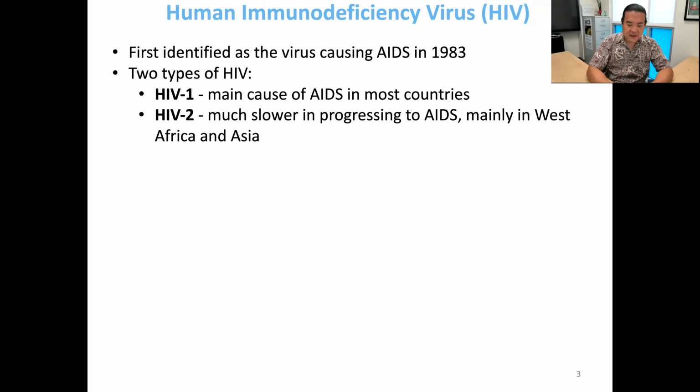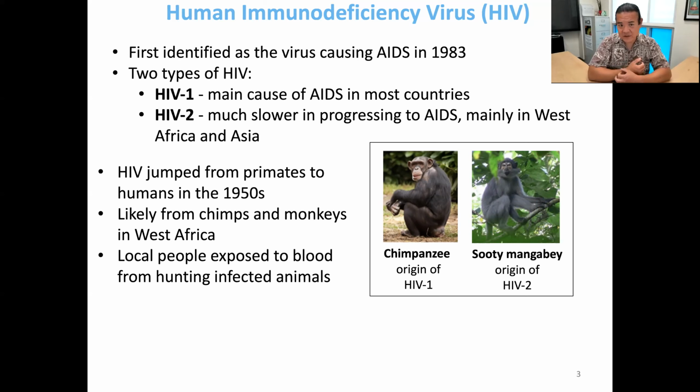So these again represent viruses that have made the jump from one species of organism to another. In this case, we believe that HIV made the jump from primates. Other types of primates that are closely related to us as Homo sapiens, sometime in the 1950s is when they believe this jump happened.